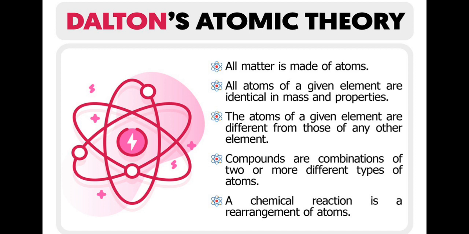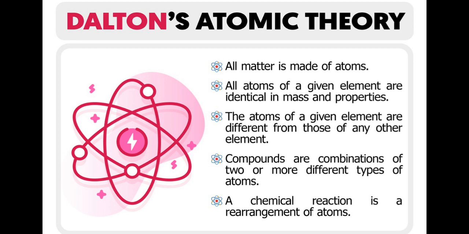Then number five, all chemical changes result from the combination or separation of atoms. So a chemical change occurs either by combining one atom to another atom. Let's say hydrogen plus oxygen forms water, or by breaking down, dissociation, separation.